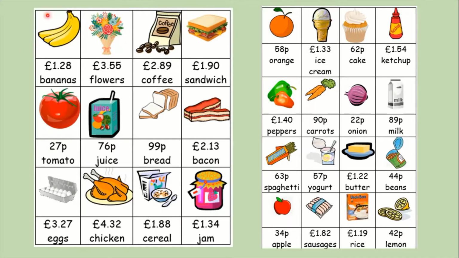We've got some bananas, some flowers, some coffee, a sandwich, tomato, juice, bread, bacon, eggs, chicken, cereal, jam, an orange, ice cream, a cake, ketchup, peppers, carrots, onion, milk, a spaghetti, yogurt, butter, beans, apple, sausages, rice, and lemon.